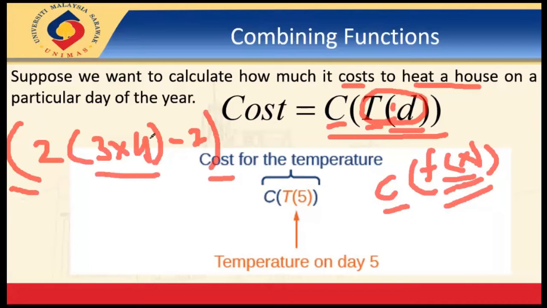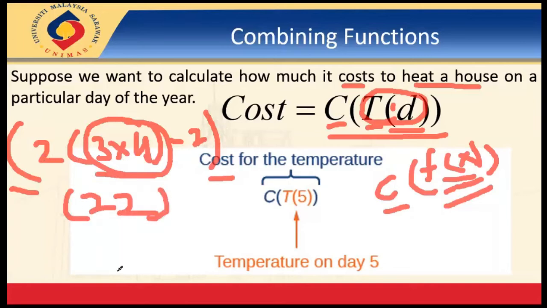Whatever the result of this inner bracket, we will solve this one first, and the result will come as input to the outer brackets. So this will be 3 times 4, 12. 12 times 2 is 24, and 24 minus 2 is 22. So this will be the input for the outer one.